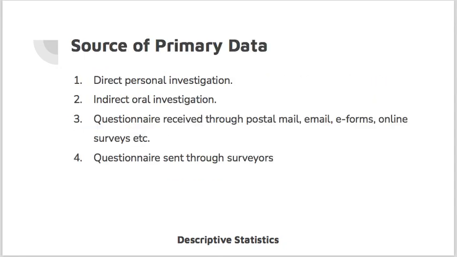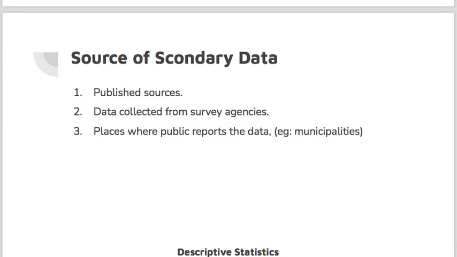We saw the sources of primary data, such as personal investigation, oral investigation, and questionnaires by the surveyor, and the sources of secondary data, such as published sources, data collected from survey agencies, places where public reports are hosted, and archives.